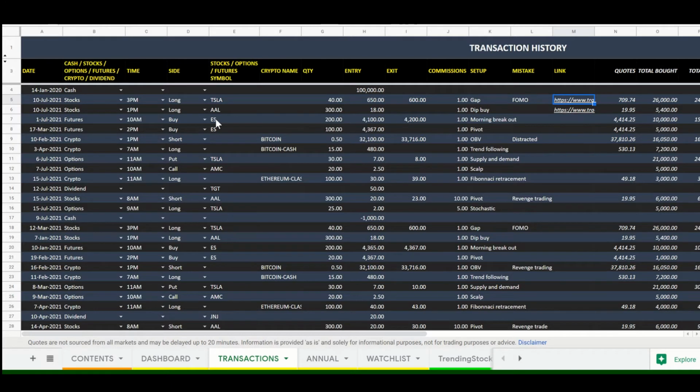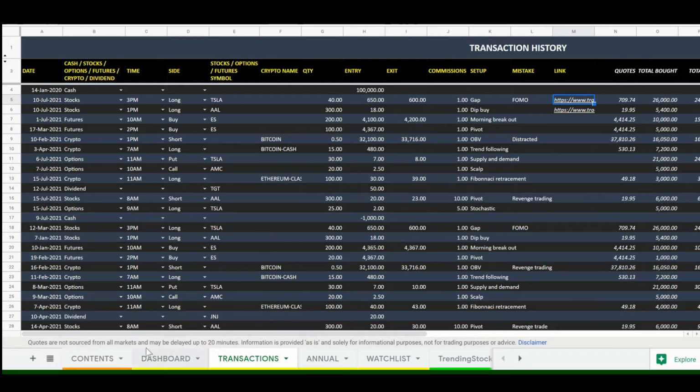Let's say futures ES. Right now the price is 4,414.25. If you trade stocks, right now it's at 709.74. So these are live quotes with I don't know how many minutes of delay, but it has some delay.